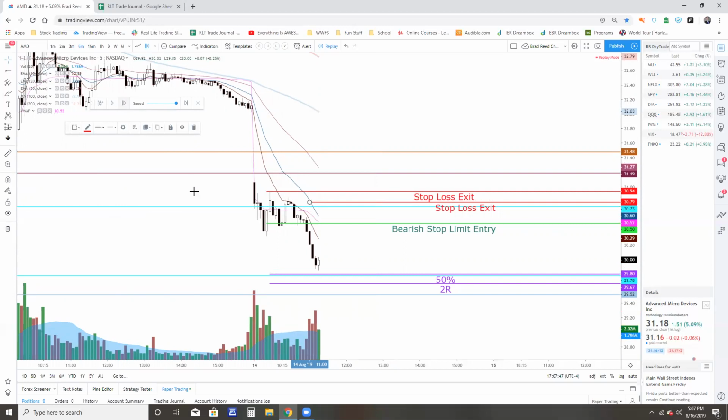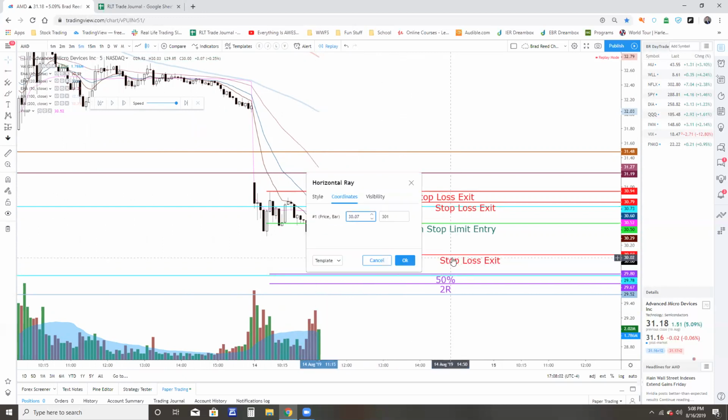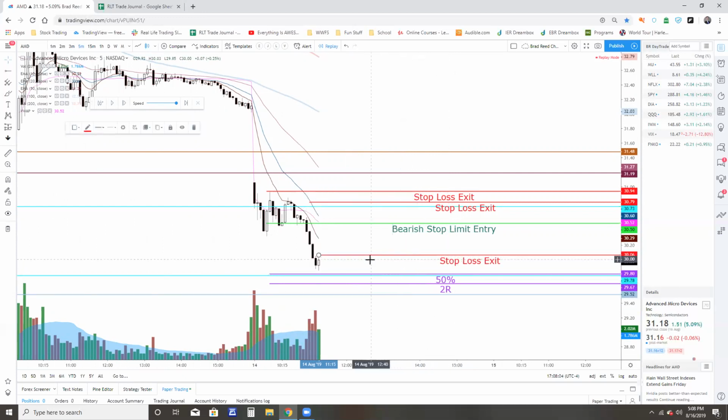All right, so at this point, I am really, really close to 2R. I've got a huge win. I'm taking some risk off the table, and the debate now becomes, do I just put my protective stop down here? And if I get trailed out, it'll be a nice win.